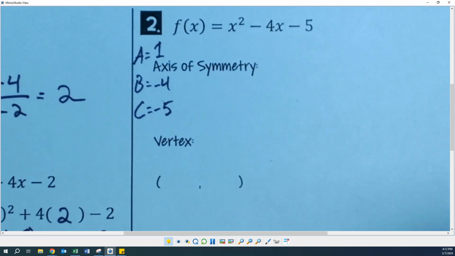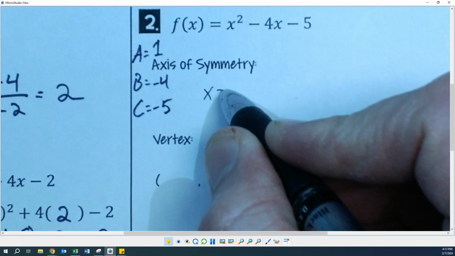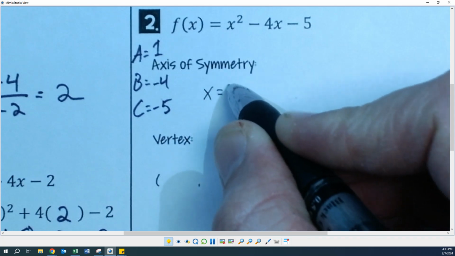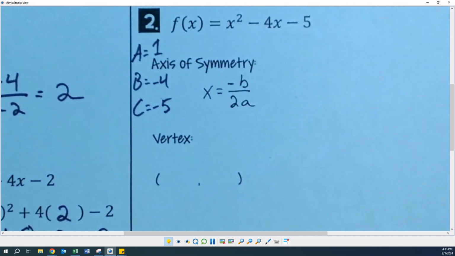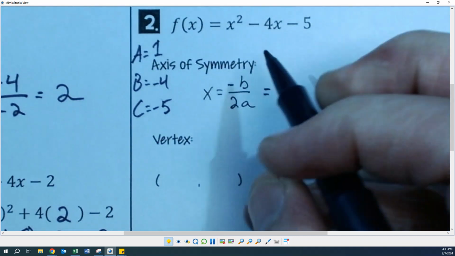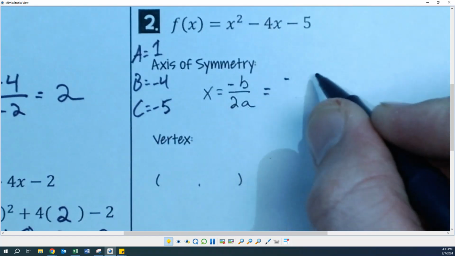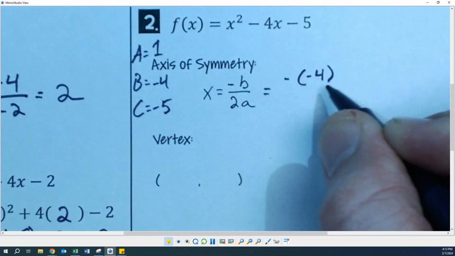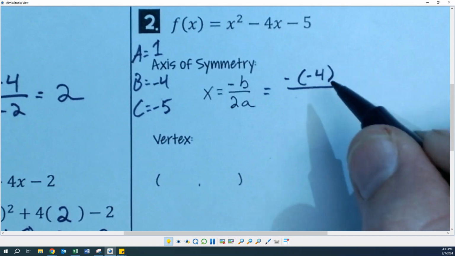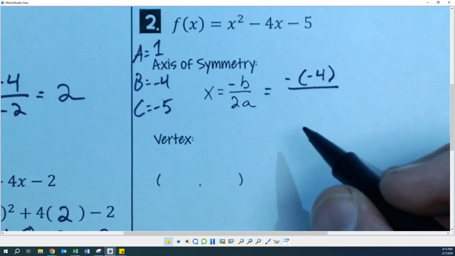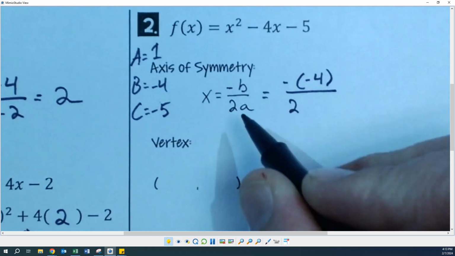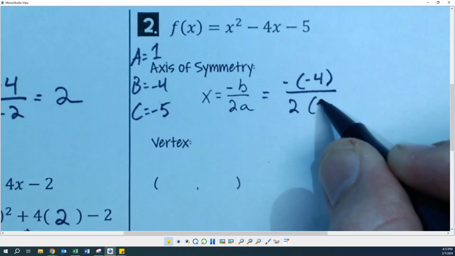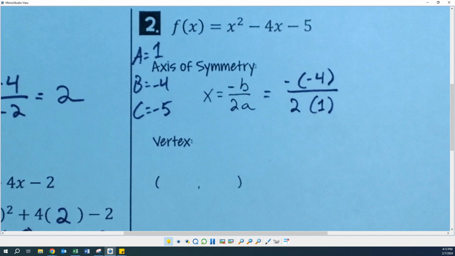Your axis of symmetry formula states that x is equal to negative b over 2a. My b value is already negative. Make sure that whenever you do substitution, you substitute in with a parenthesis. 2, and then my a value is 1.